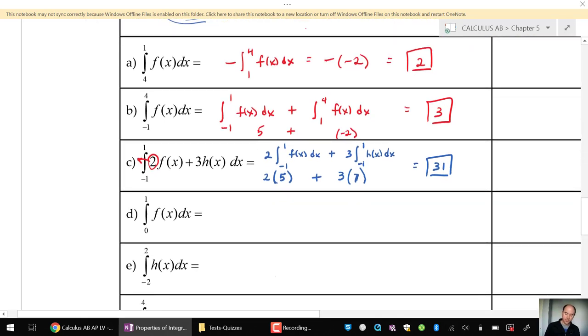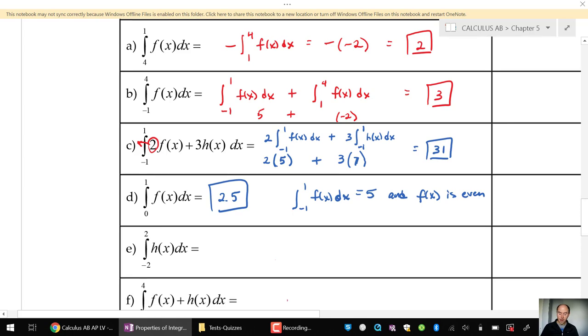So this one here will be equal to 2.5, and I'll just write myself a note. I know that because f is even, because the integral from -1 to 1 of f is equal to 5, and we know that f is even. So doing really well so far.